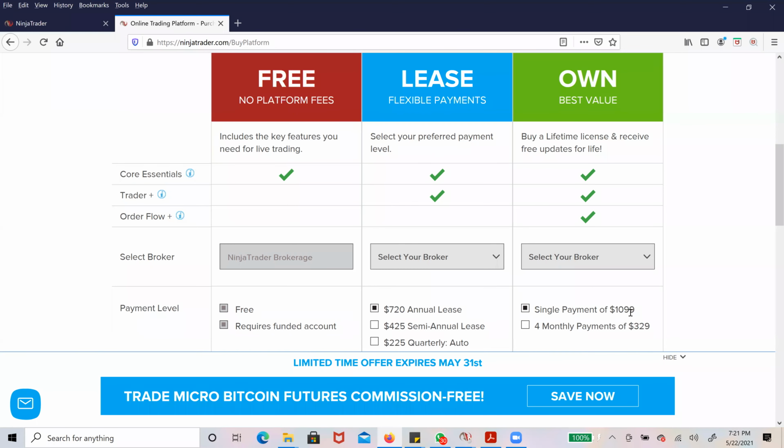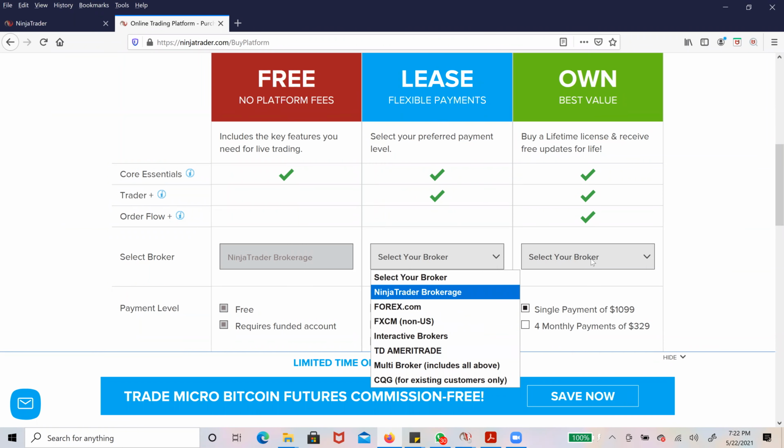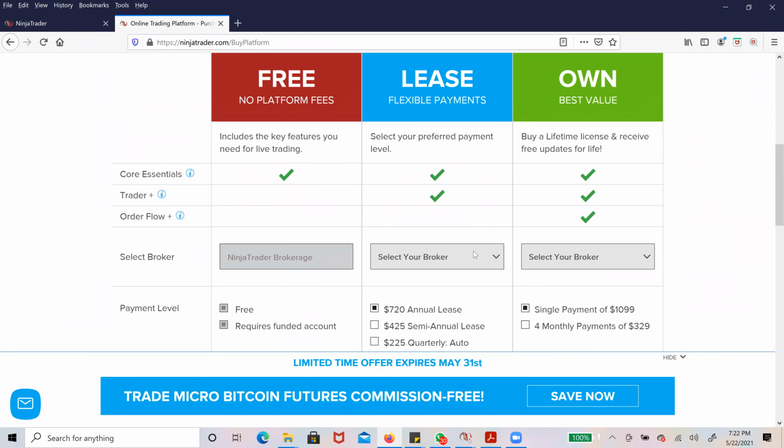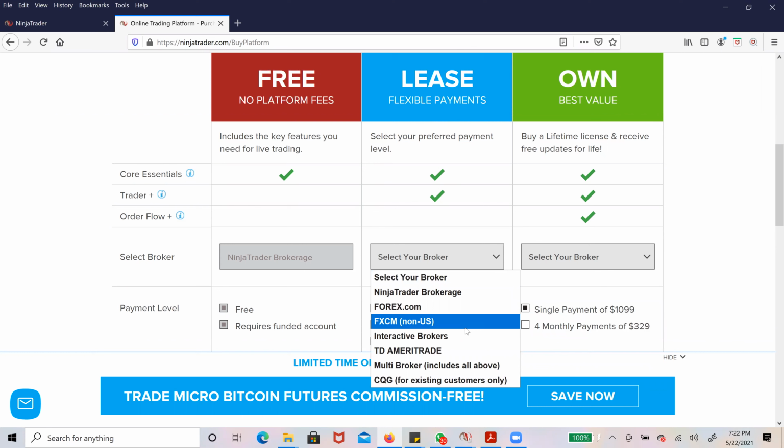It's fixed. Either you buy it for $1,100 or you make 4 monthly payments. Lease is there too. You have the same opportunities, you can select the same brokers you want, but with lease, the fees are higher. Again, I'm going back to the fees. The reason is that you are going to do a lot of transactions.